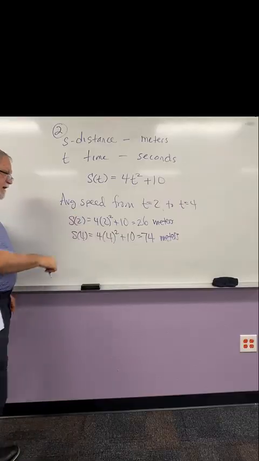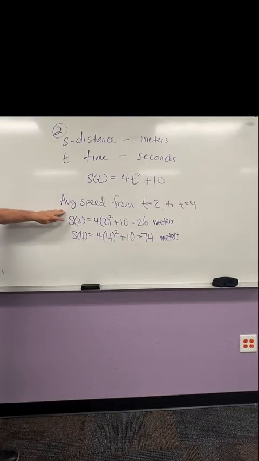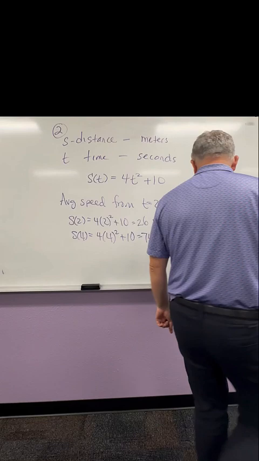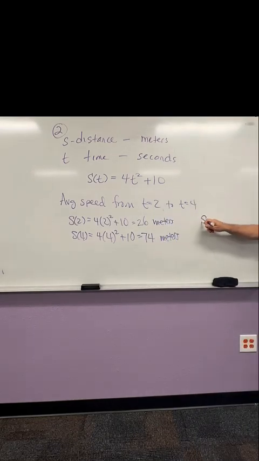So I've got those two values. I need to figure out the average speed. What do I need to look at? The change in distance over the change in time. So what does this become up here in the numerator? 74 minus 26, all over 2. 74 minus 26 is how much? 48. 48 over 2 is how much? 24 what?